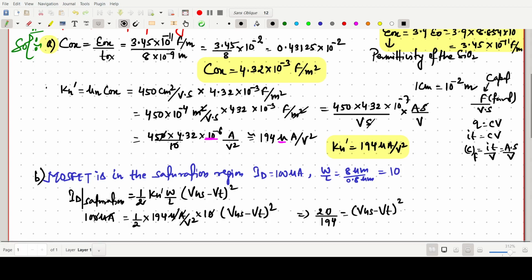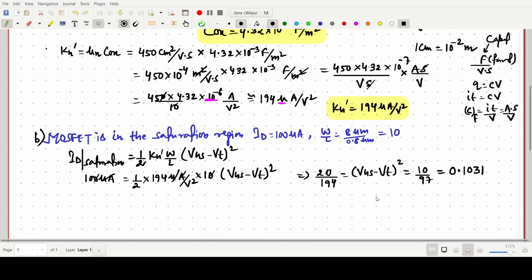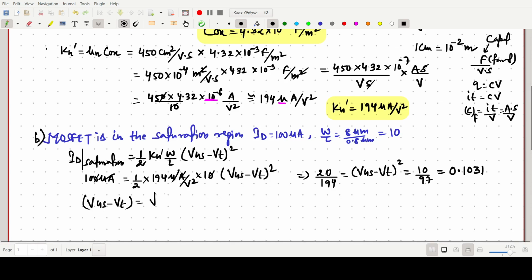Or one can write 20 divided by 2, 10 by 97, or if we do the calculation 10 by 97 it is 0.1031, after simple calculation. So one can write VGS minus VT is nothing but simply the square root of 0.1031. If we do the square root of this term 0.1031, it nearly comes 0.32.